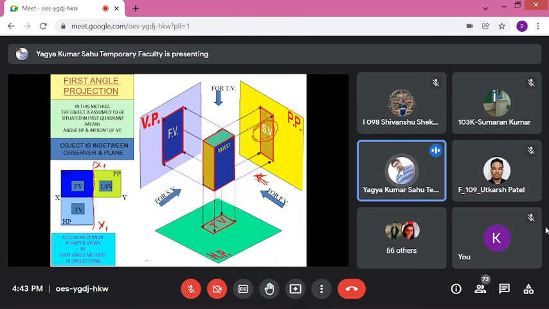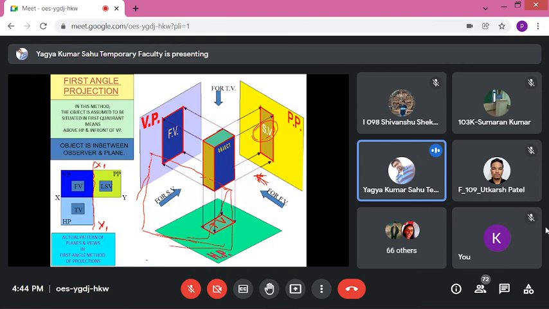If you place another plane parallel to the profile plane here, are you getting this one?